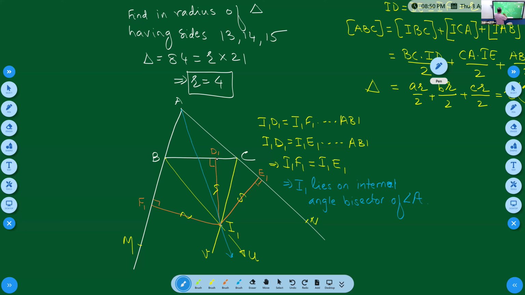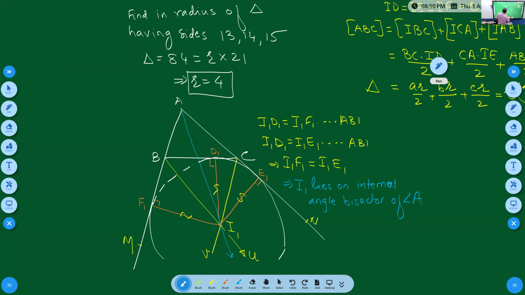If we take I1D1 as the radius, then we will have a circle. This is the circle opposite to capital A, the first excircle. This circle is not inside the triangle, it is outside the triangle, but it is touching all three side lines, BC, AB, and AC.